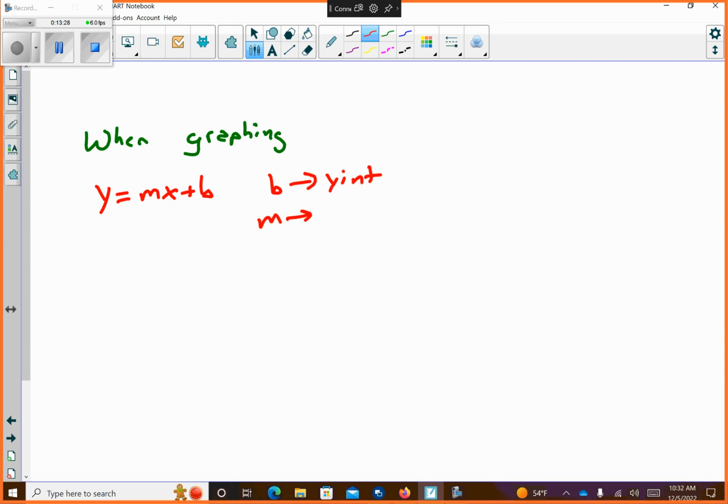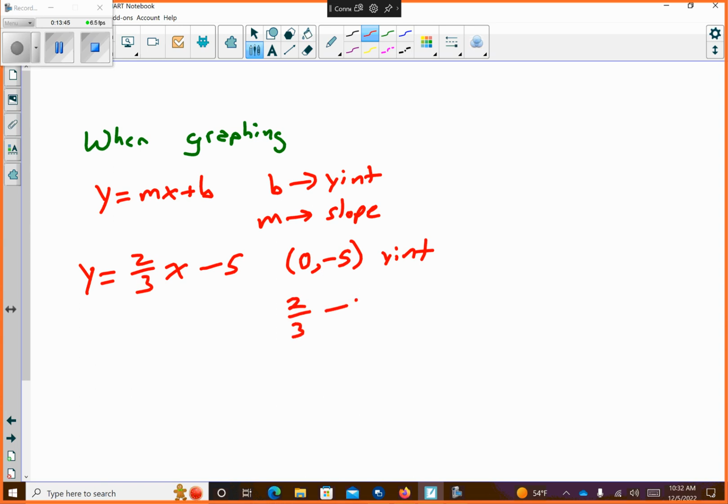M is the slope. So if I had y equals 2/3 x minus 5, I would have 0, negative 5 being my y-intercept and 2/3 being my slope. Okay, so that's the first thing we do.